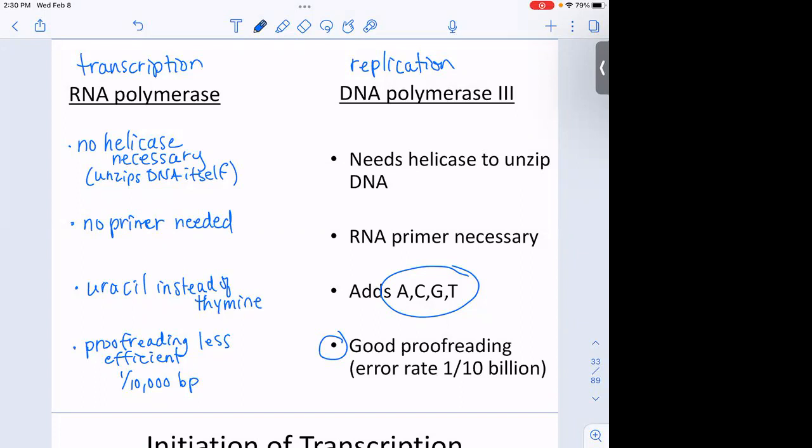But if the recipe is right, and you just read it wrong once, and you add baking soda instead of baking powder or whatever, well, probably the next time you read it correctly. Okay, so if every once in a while the RNA transcript is not correct, it's usually not a big deal because probably the next time it will be. So again, it's okay that the fidelity is a little bit worse.